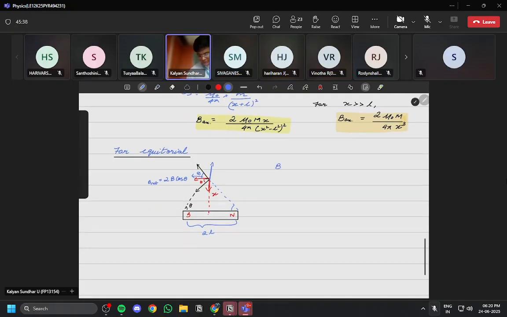So when you are writing this down, B will be equal to 2 into mu naught by 4 pi into m divided by the distance between them, which is under root of L square plus x square.